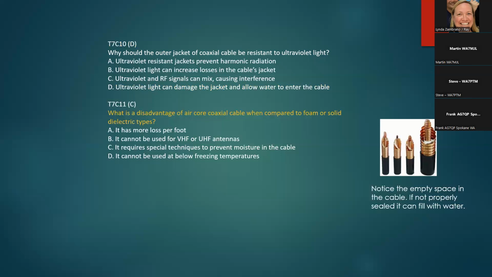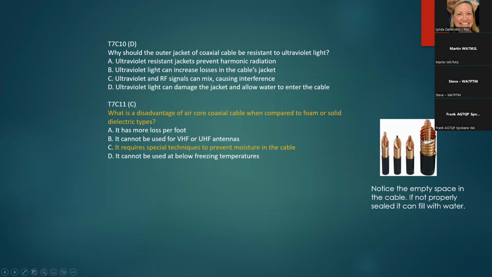C11, what is a disadvantage of the air core coax cable when compared to foam or solid dielectric types? The major disadvantage is that it requires special techniques to actually prevent moisture from getting inside the cable.